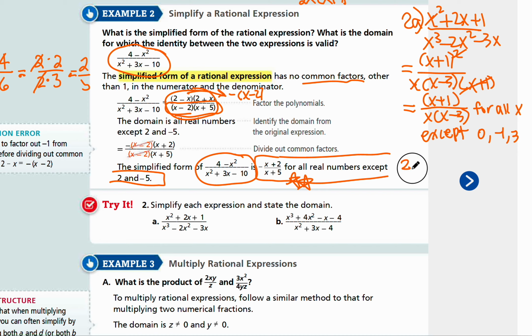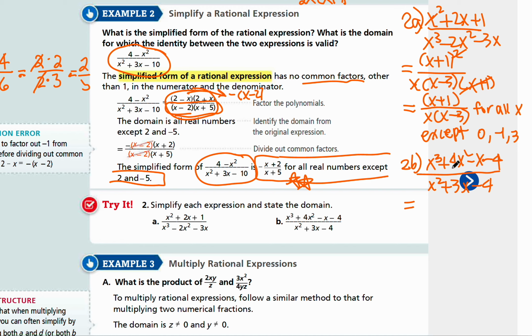Okay, let's look at 2b. You have x cubed plus 4x squared minus x minus 4 all over x squared plus 3x minus 4. Factor this out. On top, you can factor by grouping. Group the first two terms and the other two terms.